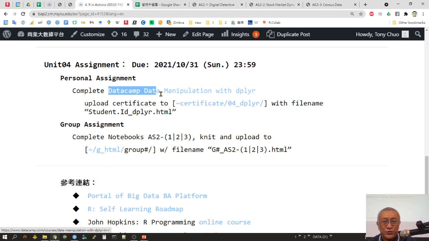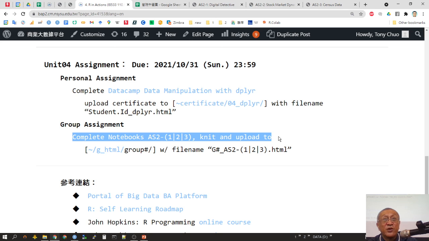I would like you to take this DataCamp course. You might not be able to follow everything the teachers say, but next week I will give you more explanation about this data manipulation package. So 2 things: do the DataCamp course and also do the assignment notebook.